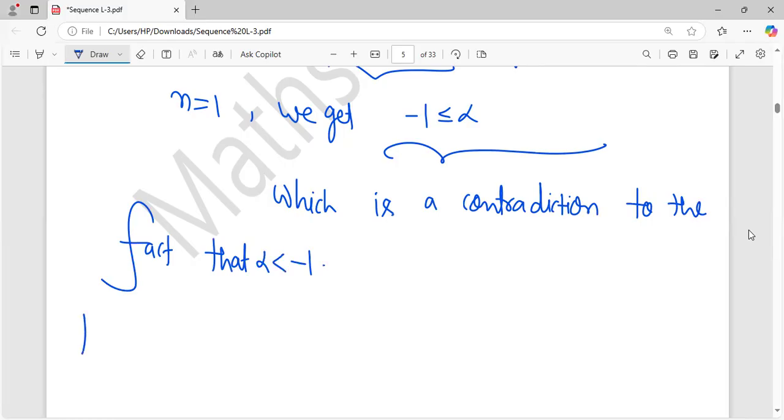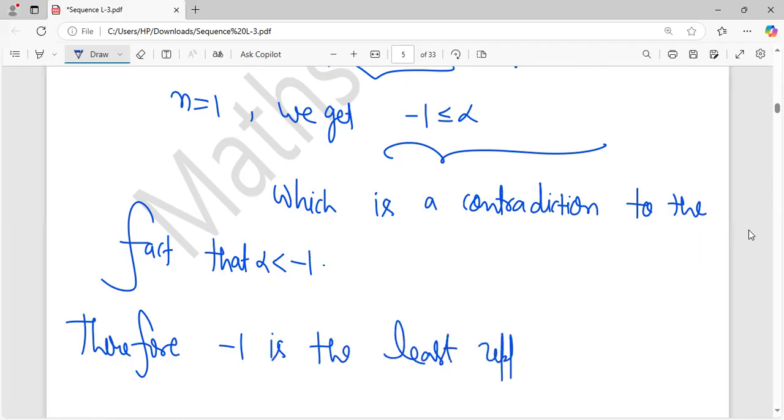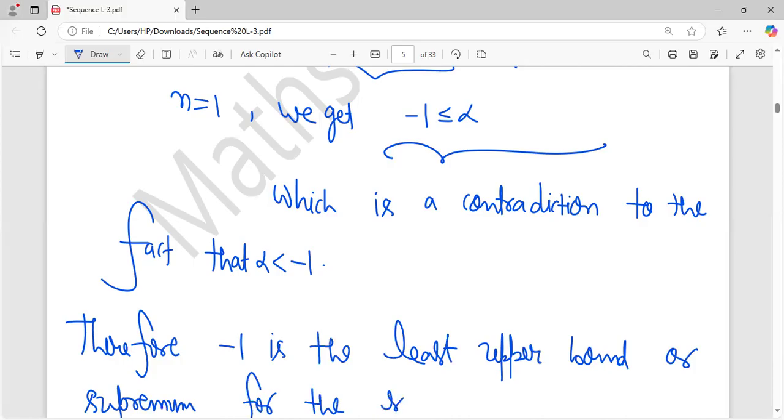Therefore, minus 1 is the least upper bound, or supremum, for the sequence.